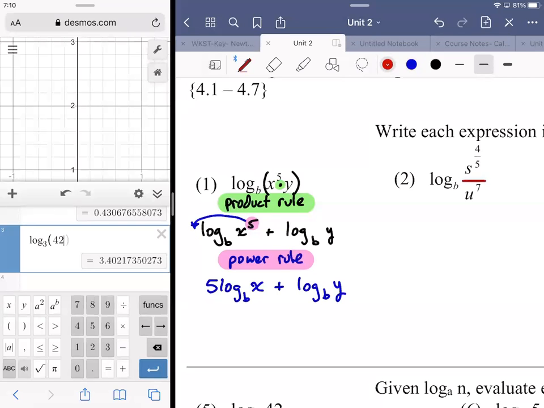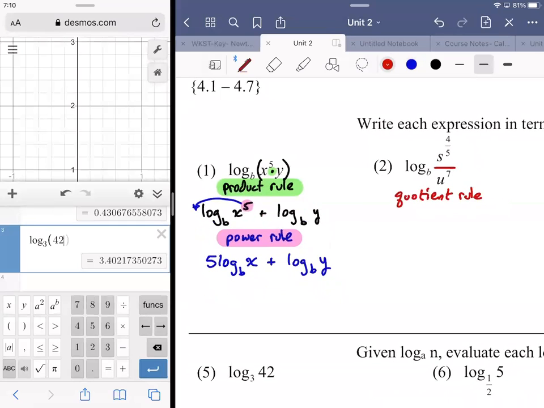So this next one has a quotient, so I'd apply the quotient rule. I break up the log by the quotient. So I'd have log base b of s to the 4/5 power minus log base b of u to the 7th. One part of the fraction gets its own log, the other part of the fraction gets its own log.